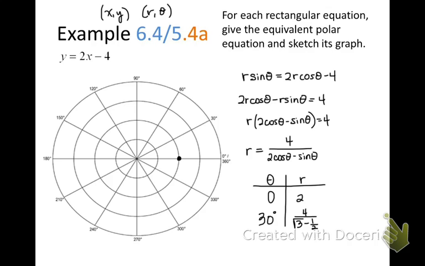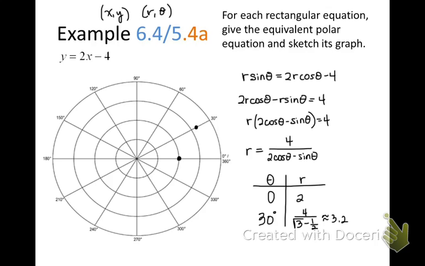Let's see here, what do we get? 4 divided by the square root of 3 minus 0.5. So I'm getting about 3.2 for that. All right, so let's plot that. It was about 3.2, so right about here on that 30-degree mark, maybe?